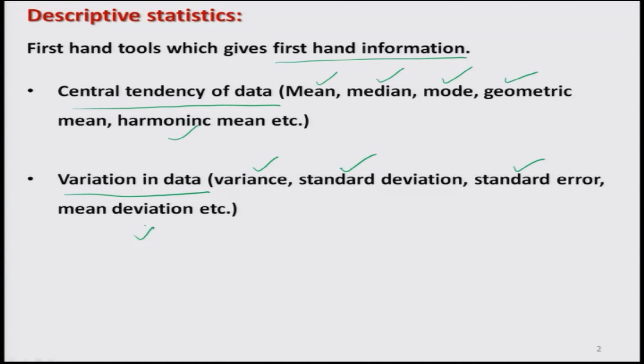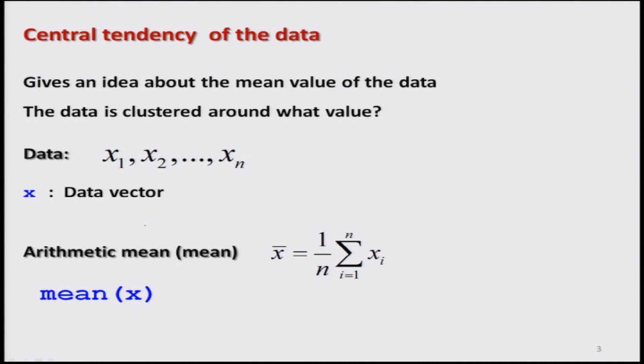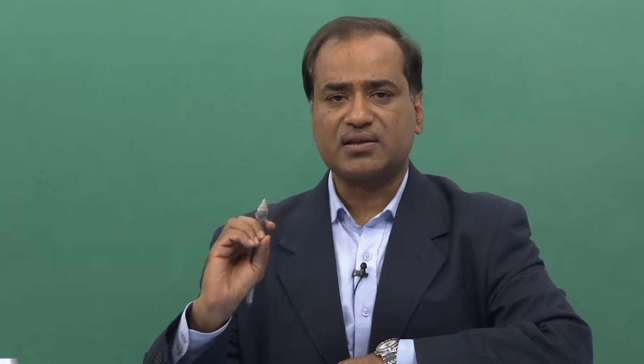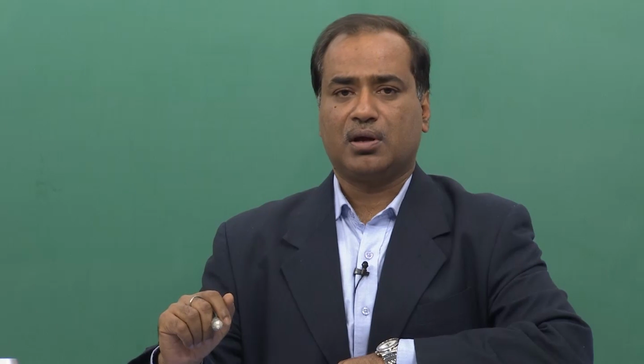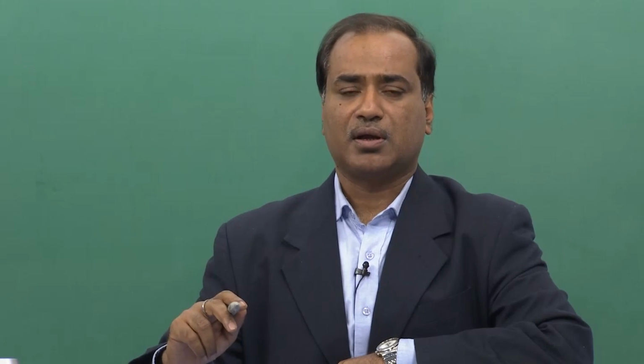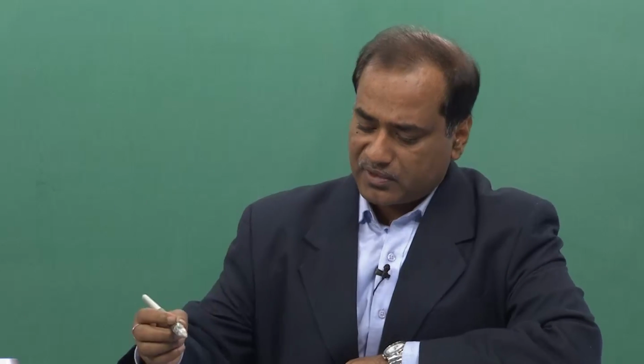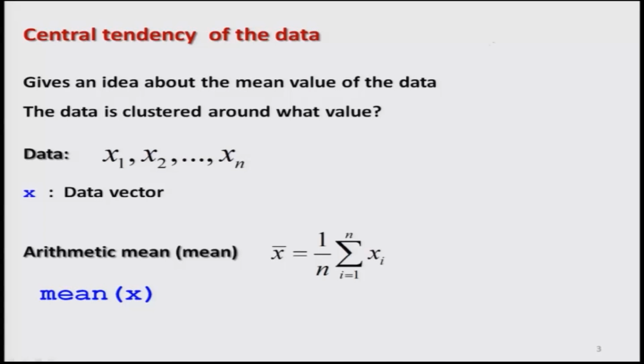So first we are going to concentrate upon the different measures for the central tendency. First question comes, what is this central tendency and what do we really mean by this? Whenever we get a data, we would like to see what is the value around which they are concentrated. For example, suppose you get some values and if you try to plot them, and suppose this looks like this.